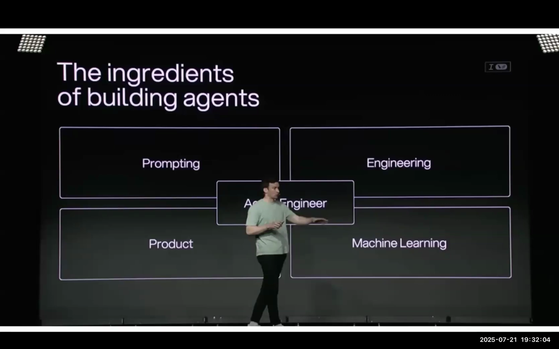And this is just a slide. According to the CEO, I forgot his name, these are the four ingredients for building agents. Prompting, and then engineering, which is how you scale and how you communicate between agents, and then product, what product you're building, whether that product leverages agents or you're just using them for hype reasons.